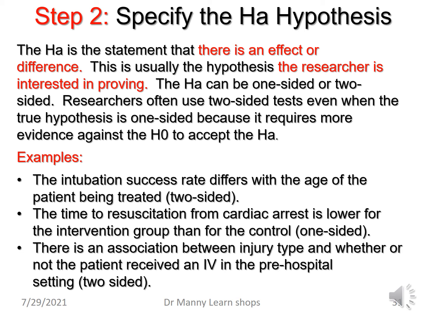So for example, the intubation success rate differs with the age of the patient being treated, two-sided. The time to resuscitation from cardiac arrest is lower for the intervention group than the control group, one-sided. There is an association between injury type and whether or not the patient received an IV in the pre-hospital setting, two-sided.